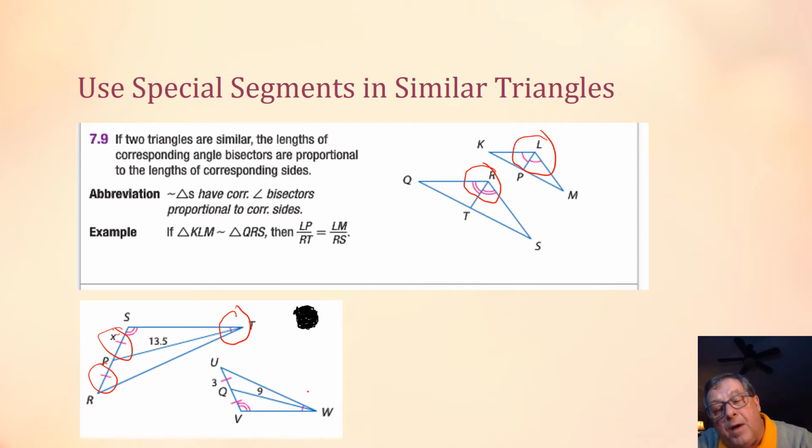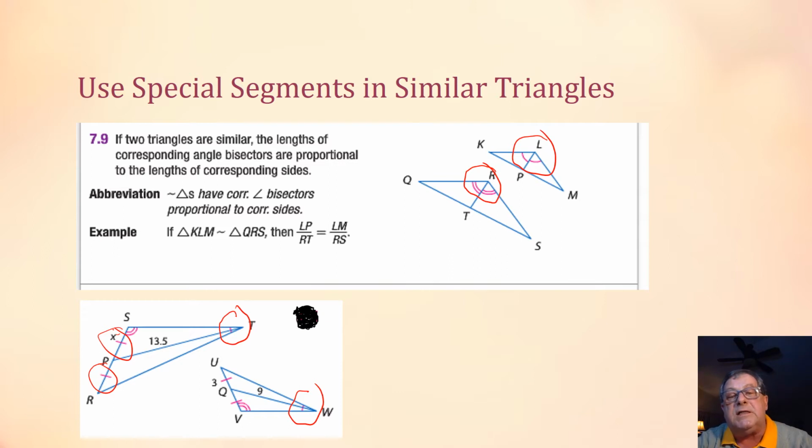Again I see an angle bisector, where angle UWQ is congruent to VWQ, so segment WQ is definitely an angle bisector. We have a measurement for the angle bisector, and for the side opposite where the angle is being bisected.